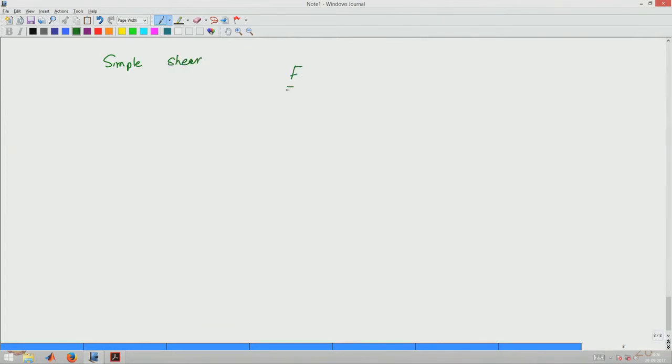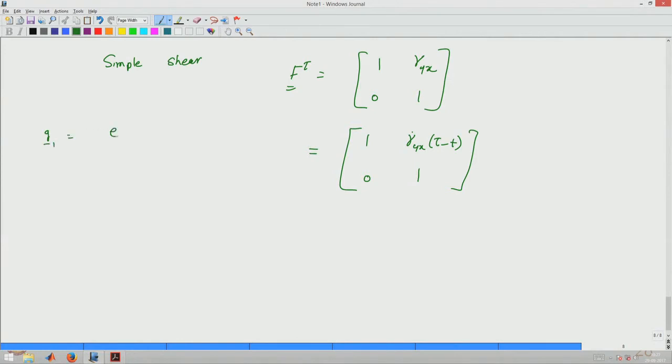The deformation gradient F was defined as 1 gamma yx 0 1, where this gamma yx is nothing but gamma dot yx into tau minus t. So, let me just write now for our benefit G1 and G2. So, G1 is nothing but Ex and G2 is nothing but gamma dot yx (tau minus t) Ex plus Ey.